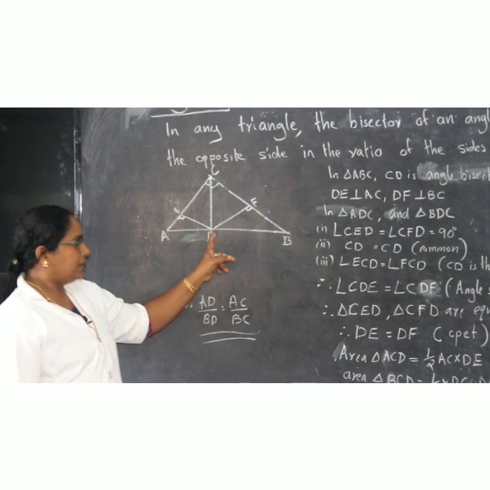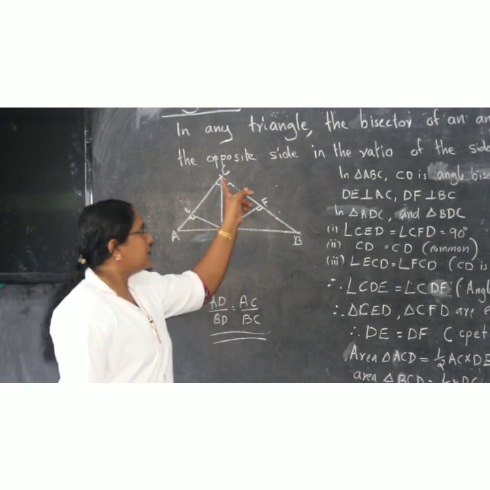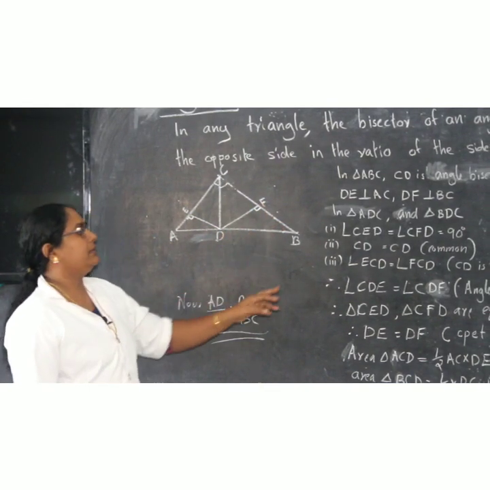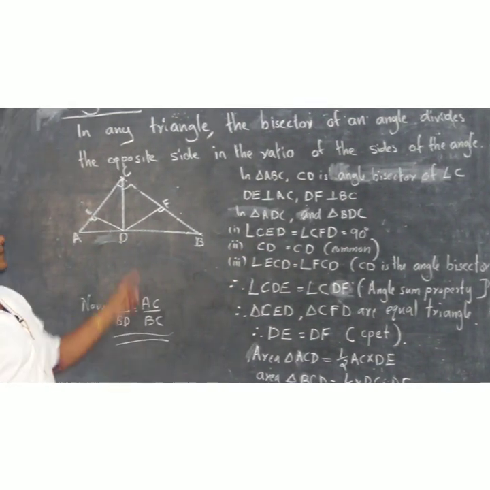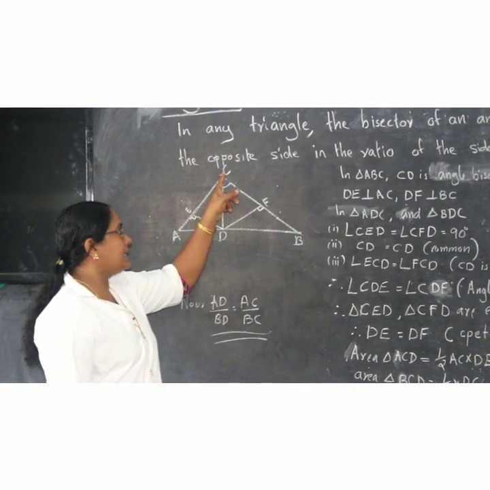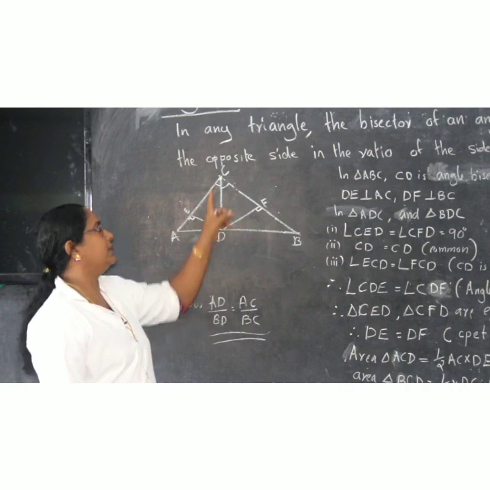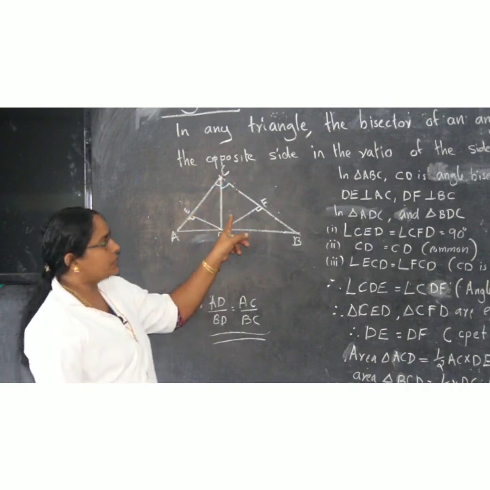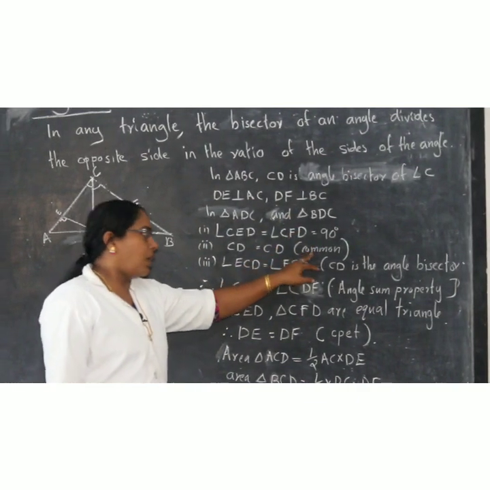Therefore, angle CED equals angle CFD, 90 degrees. First condition done. Then the second: CD is common to both triangles. CD equals CD, common.